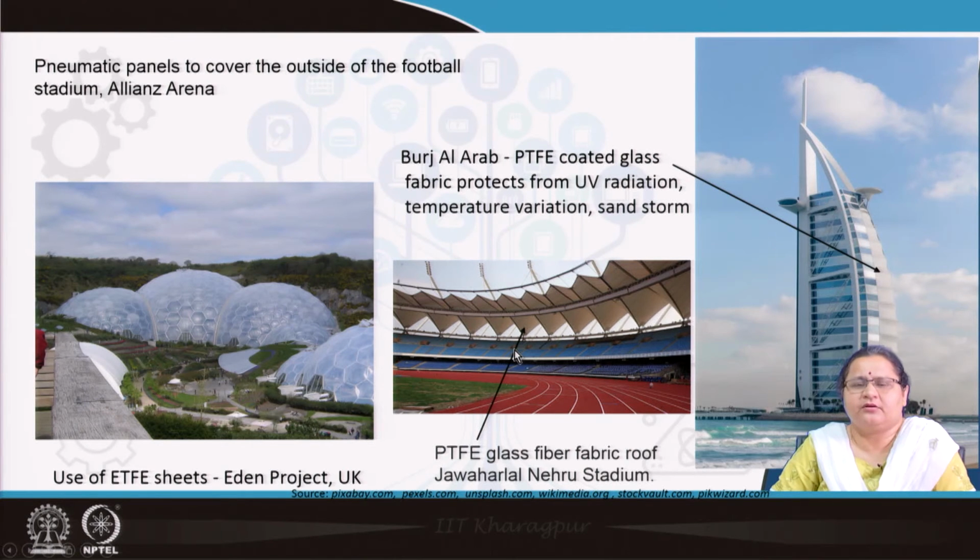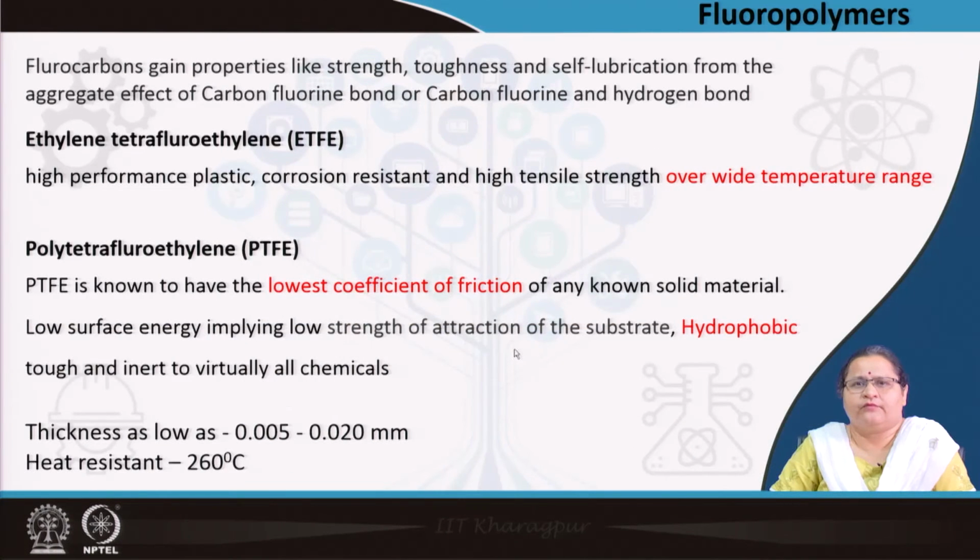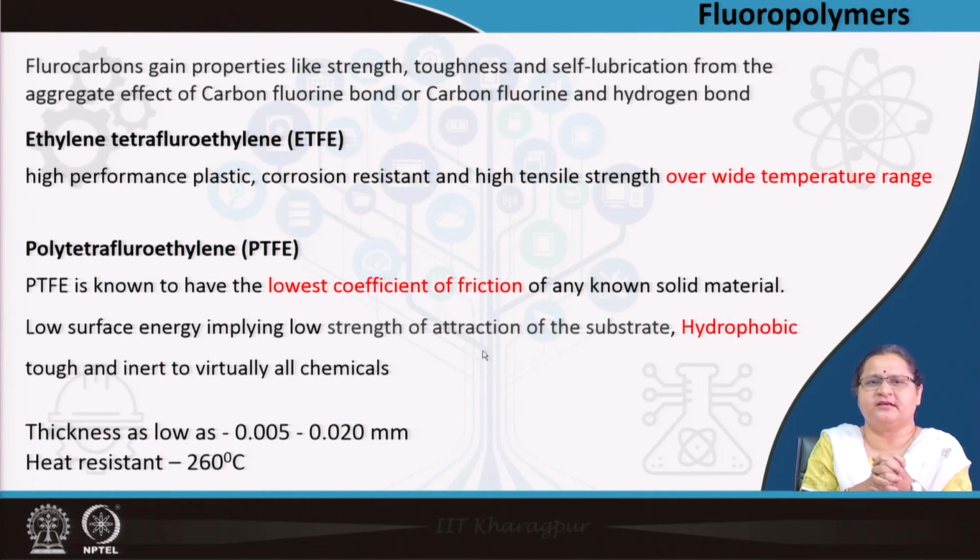So these are fluoropolymers. These are the advantages. Now you may have heard of non-stick pans, non-stick utensils. The top coating which makes it non-stick is actually this PTFE, and it is scratch proof.